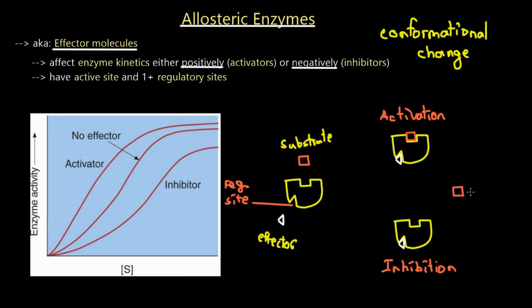The substrate does not bind it. It cannot bind to the active site because of the changed conformation due to the binding of the inhibitor, which is the effector molecule that binds to the allosteric enzyme.